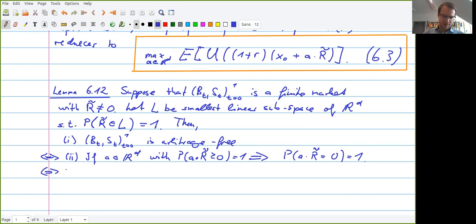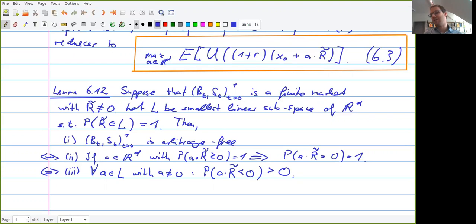And this is also equivalent to saying, well, instead of considering all A in R^D, if we take an A in L, so in the smallest linear subspace in which the vector of discounted returns can take values, and we assume that this is a non-trivial vector, so it's not equal to 0, then it holds that if we take a position in the market with respect to such an A, the probability that we face a negative return from this investment has to be strictly positive, right?